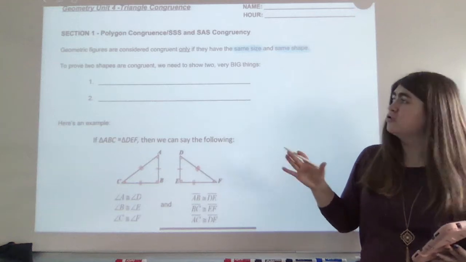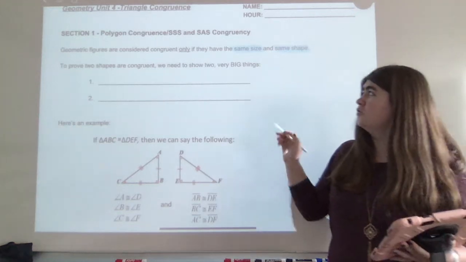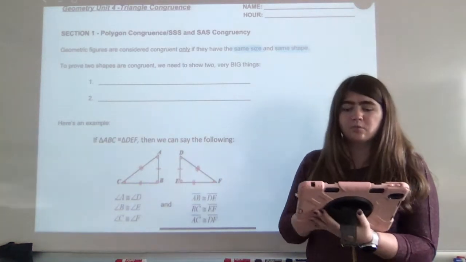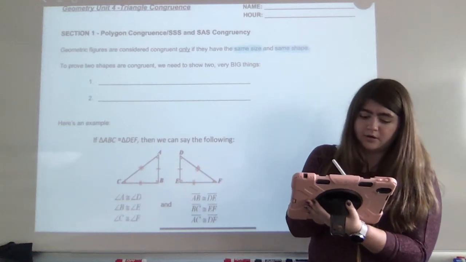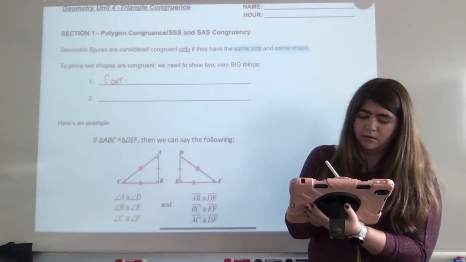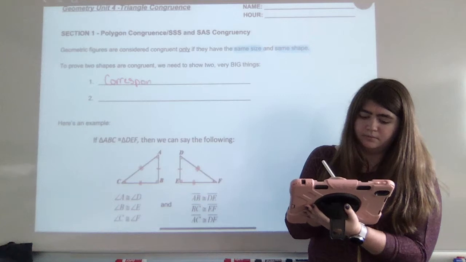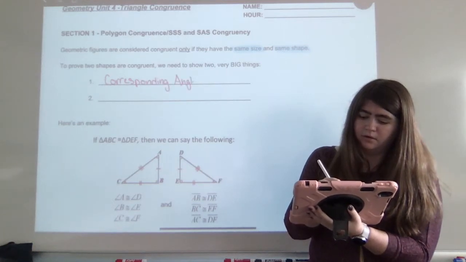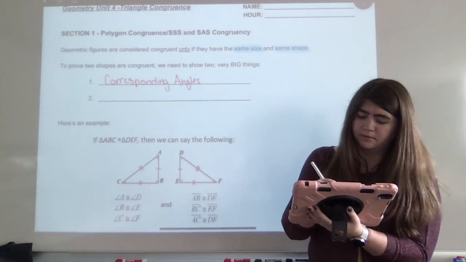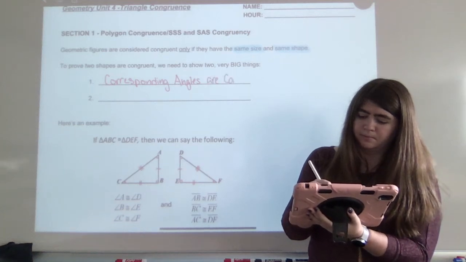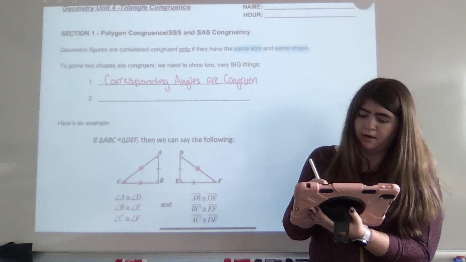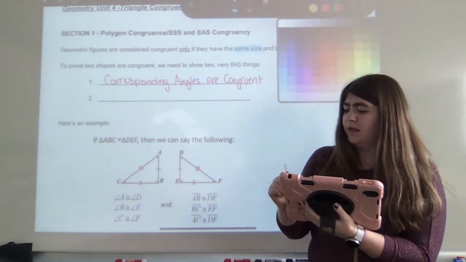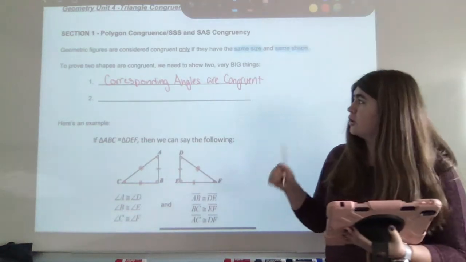To prove two shapes are congruent, we need to show two very big things. The first one is that all corresponding angles are congruent.